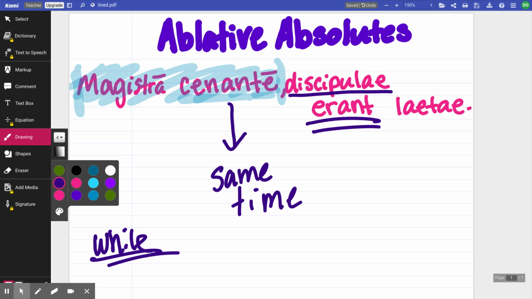So with the perfect, you could translate it as after. With the present, you can translate it as while. There's many different ways. Or if you just like to stick with the same category, you can just stick with the noun, then adding your participle. All right, let's see how we do.